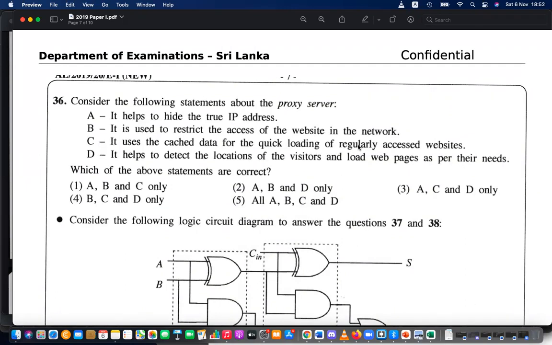So proxy server is representing us and accessing the internet on behalf of us. It takes our request, goes and accesses the internet, and comes back. That is the nature of proxy server. So our true IP will be hidden and the proxy server's IP address will appear. That is an indirect advantage of proxy server.